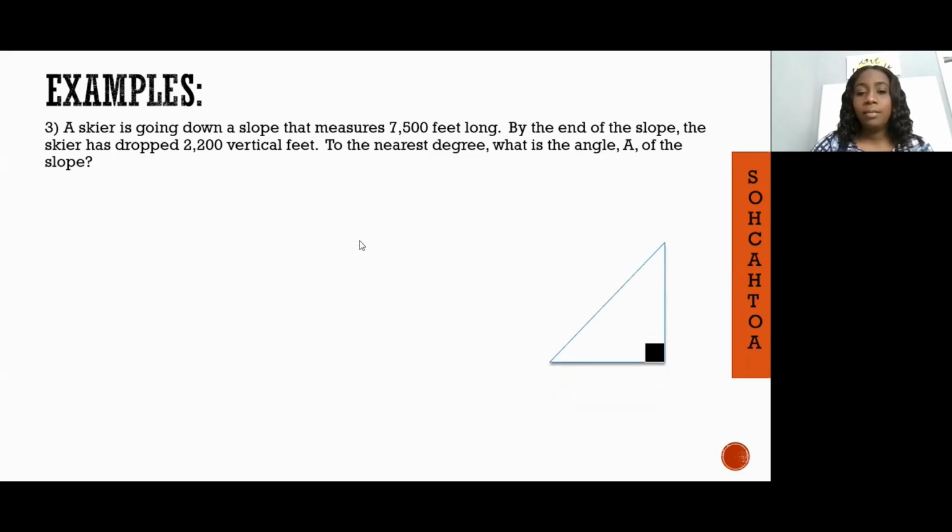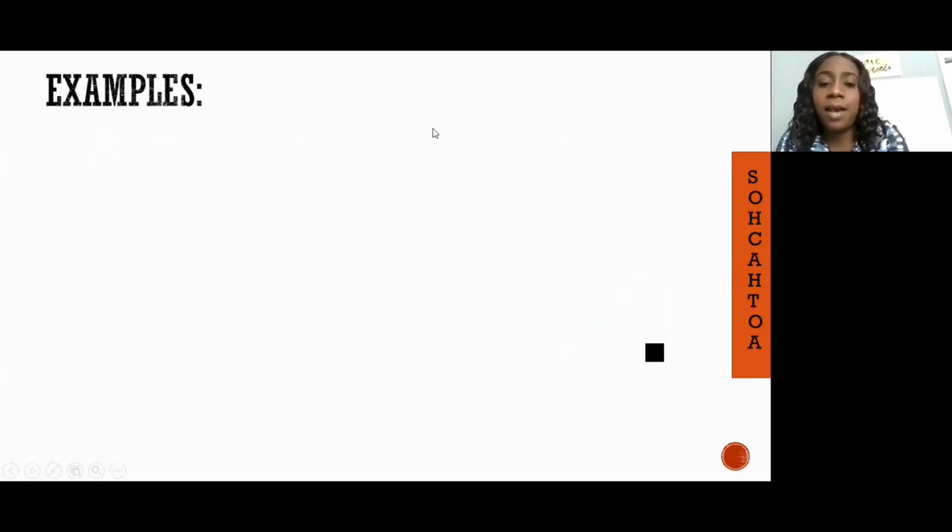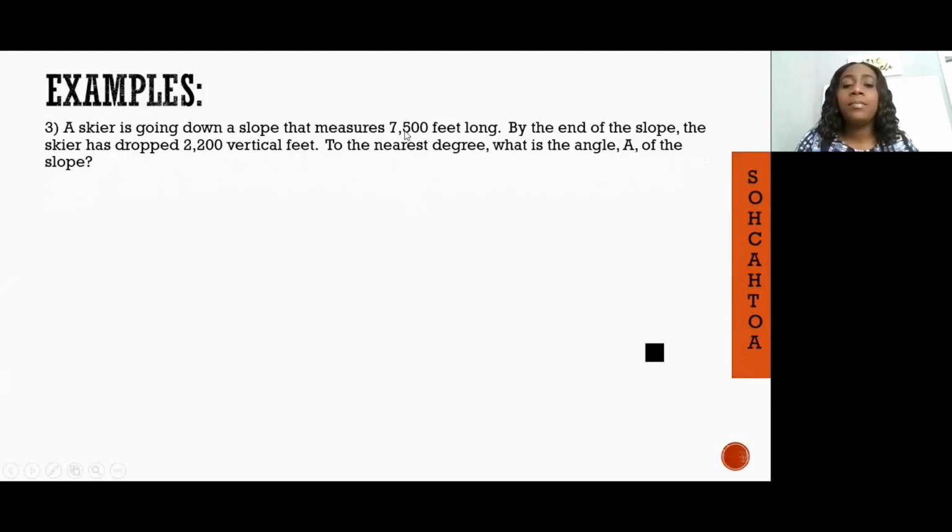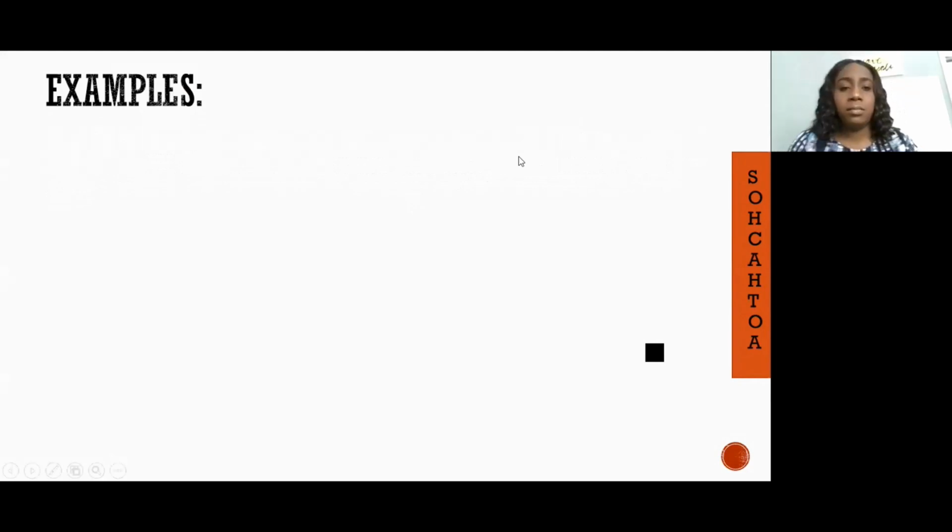I missed and put that in there, but anyway, let me highlight. So this is 7,500 feet.